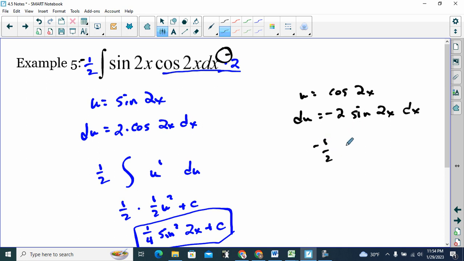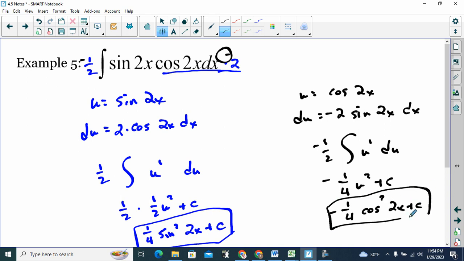I'd wind up with -1/2 integral of u to the first du. I'd get -1/4 cosine squared of 2x plus c. Those are equivalent answers. Either one would work. So sometimes you just have to pick something for u, see if it works. Sometimes both would work. Sometimes one might work and the other one might not.